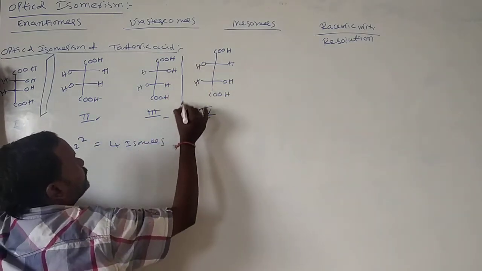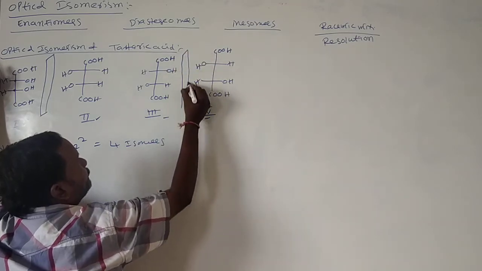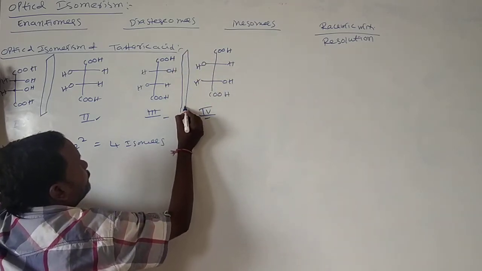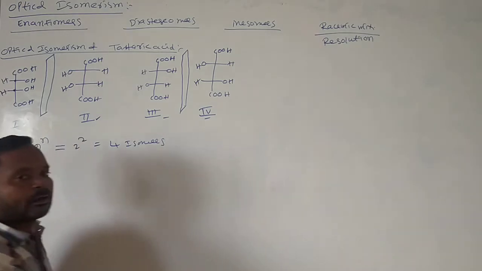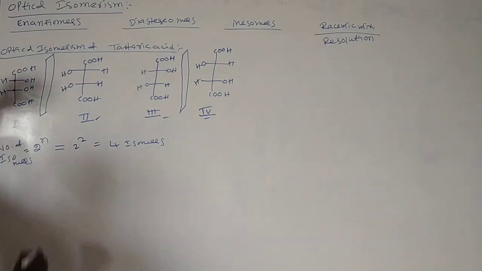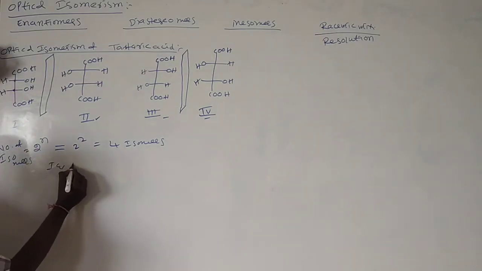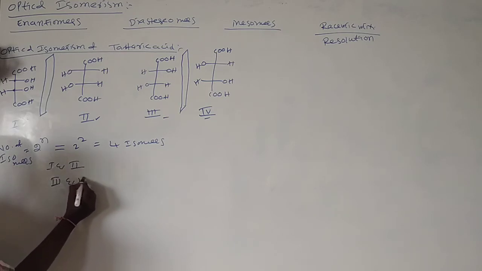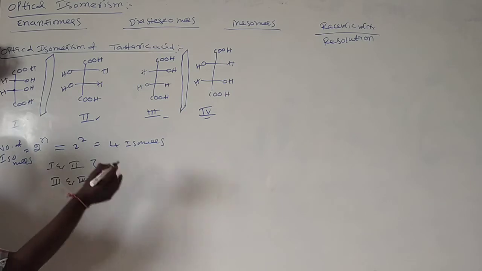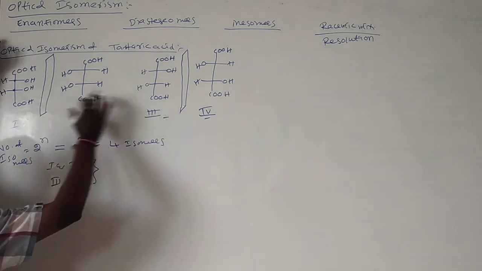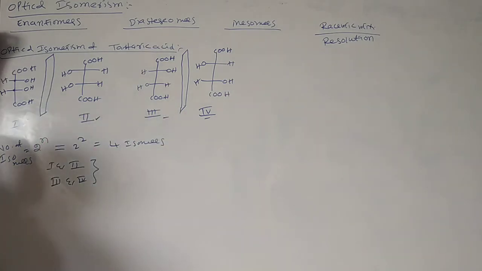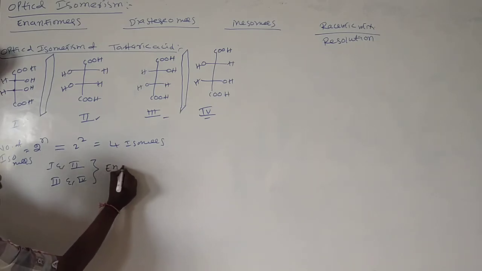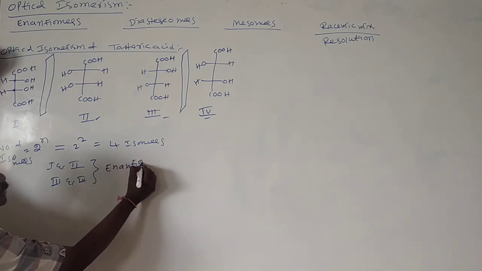The third molecule and fourth molecule are also the same. The first and second molecule, and the third and fourth molecule, both pairs are non-superimposable mirror images, so these pairs are called enantiomers.